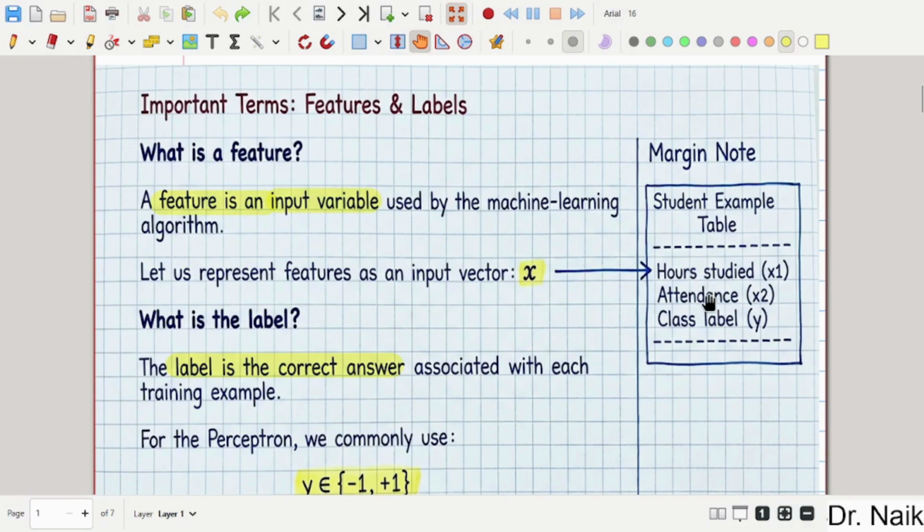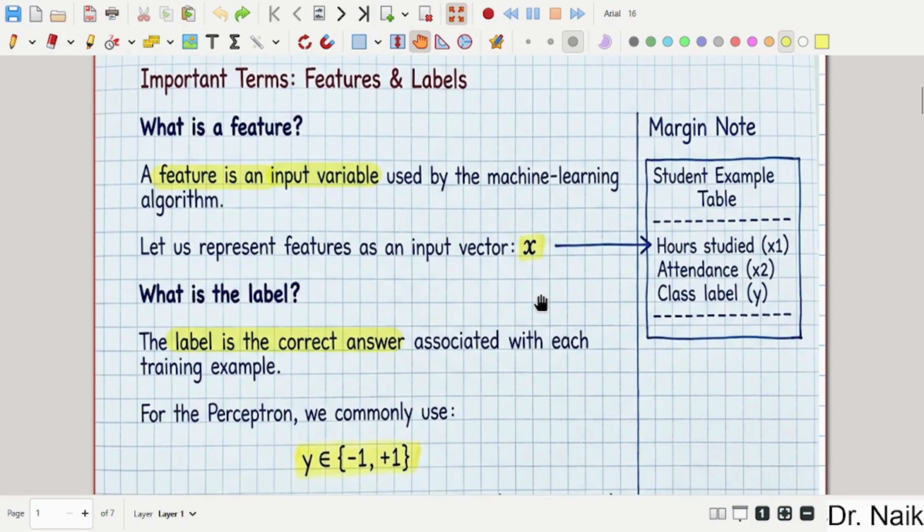So these two, x1 and x2, are called the features, and the label is the correct answer associated with each training example. In our student example table, y is the class label.